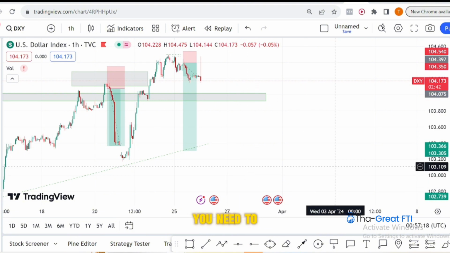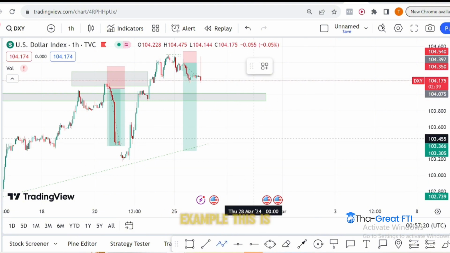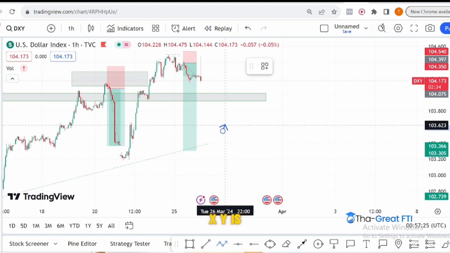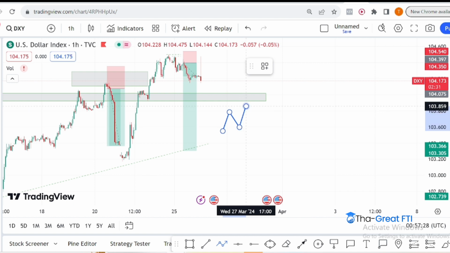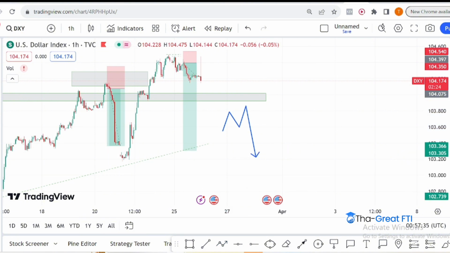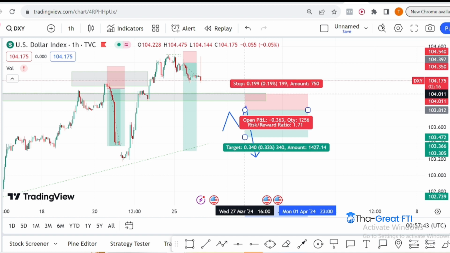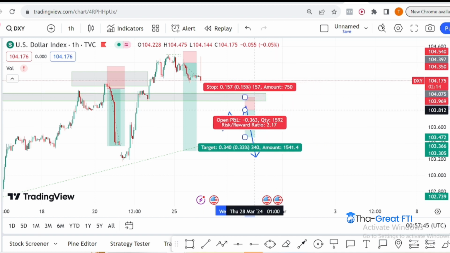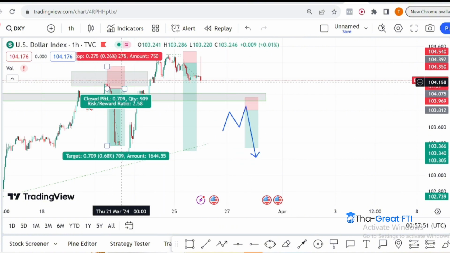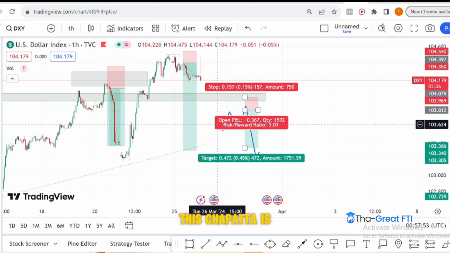Because one thing you need to understand is this. Let's say, for example, this is what DXY is doing. This chart pattern is what I drew here.